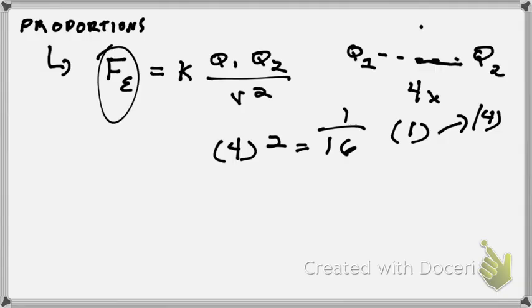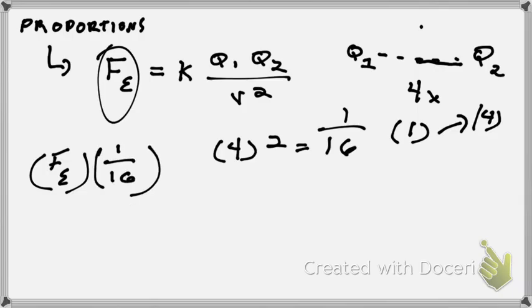So the new electrostatic force will be decreased to only 1 over 16, because if you increase the denominator, then your overall value is going to decrease.